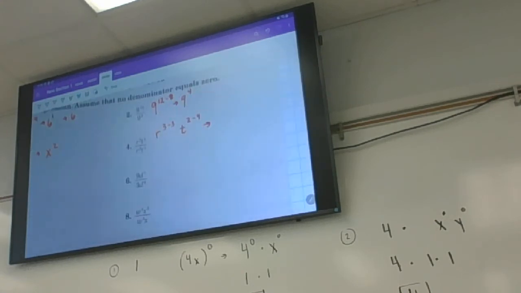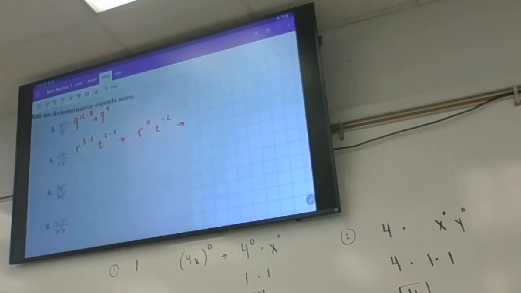Now, that's going to be r to the 0, t to the negative 2. Let's see a raise of hands if you got a negative 2 here. Hoping you did. Okay, very good. So that's r to the 0 would be 1 times t to the negative 2. So t to the negative 2 is what I was thinking your answer would be.